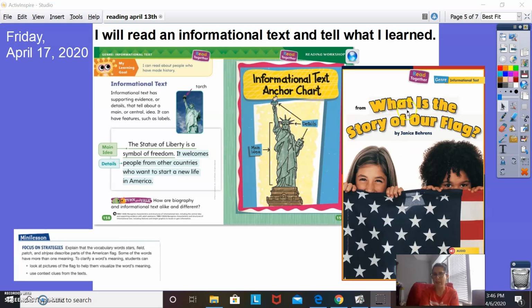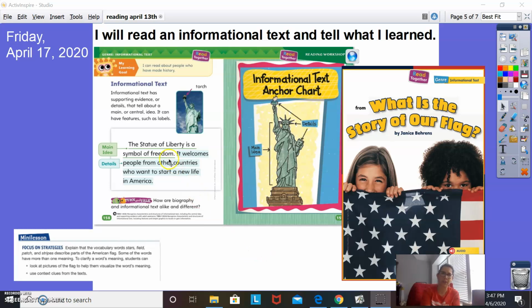This says, what is the story of our flag? So if we look at this, do we think that this is going to teach us about something or just tell us a story? If you said this is going to teach us something, you would be correct. The text, what is the story of our flag, is an informational text.